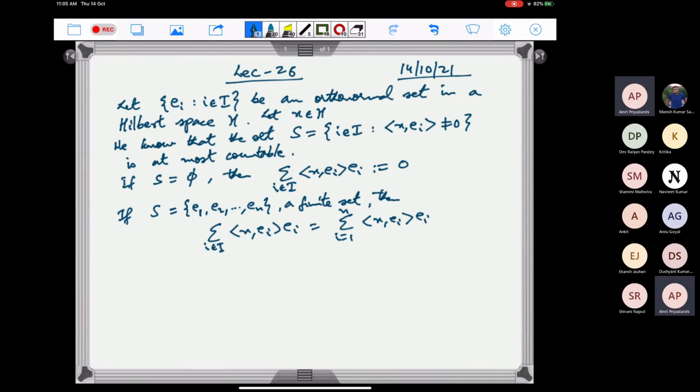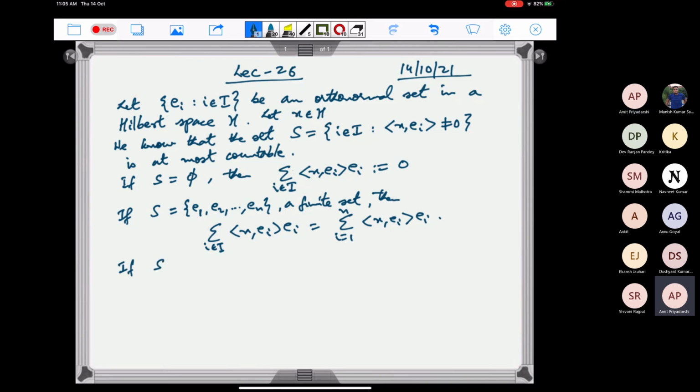And of course, this is just a finite sum, so it doesn't matter what order you take e_1, e_2, ..., e_n. But what happens if this is countably infinite?